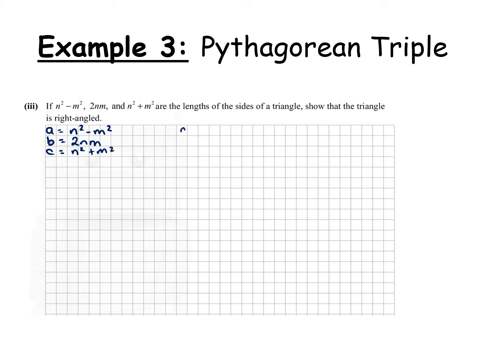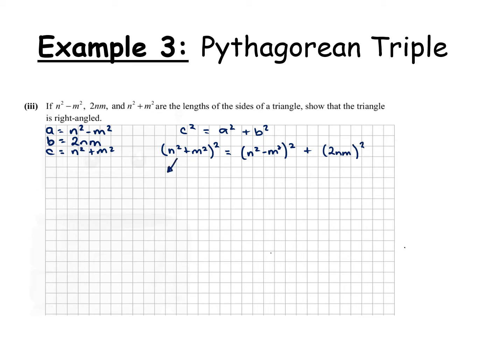And we want to basically again prove that c squared is equal to a squared plus b squared. So we have n squared plus m squared, all squared, equals n squared minus m squared, again all squared, plus 2nm, all squared.